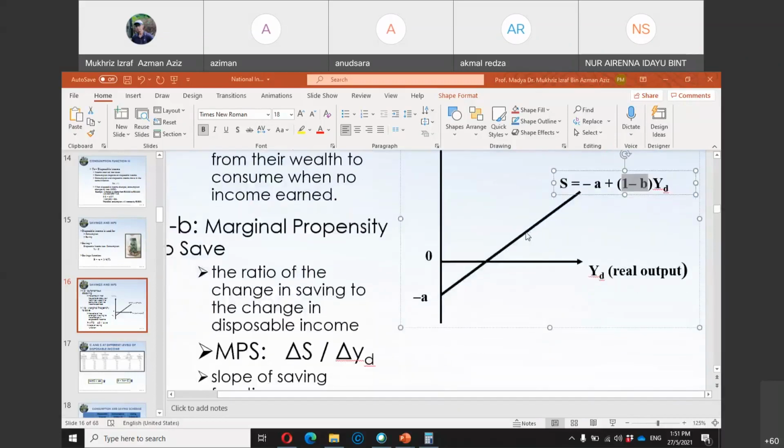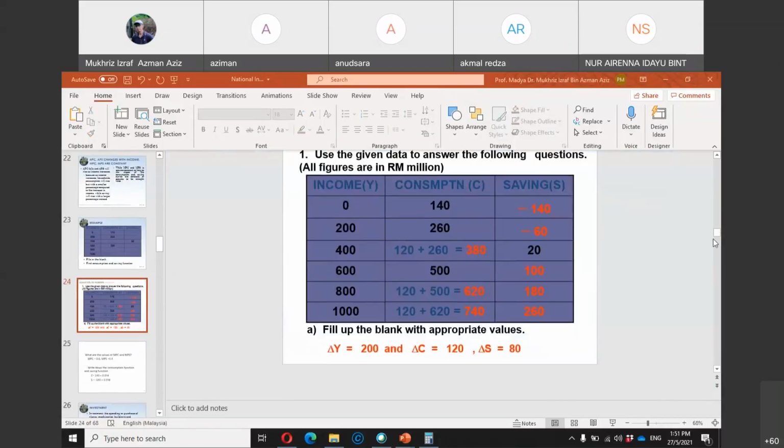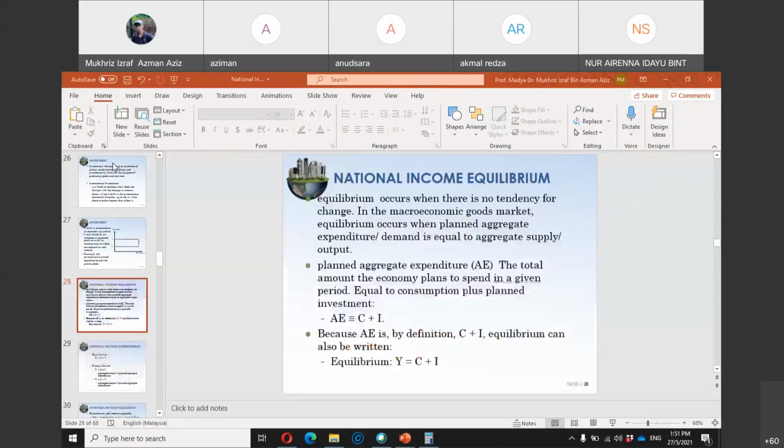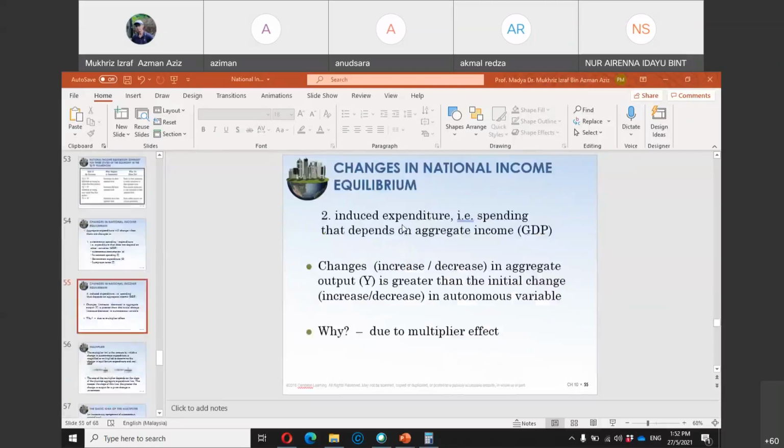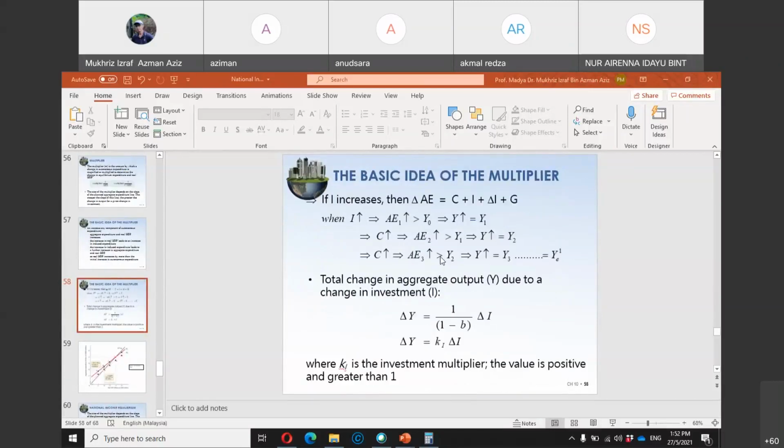The same thing goes here when it comes to the formula of the multiplier: 1 divided by 1 minus B. So 1 minus B is basically MPS, marginal propensity to save.